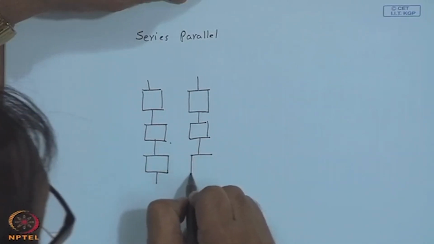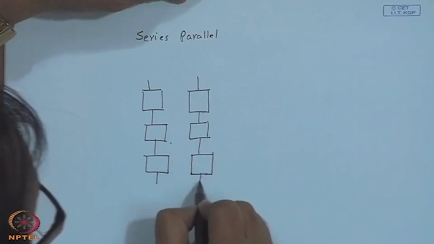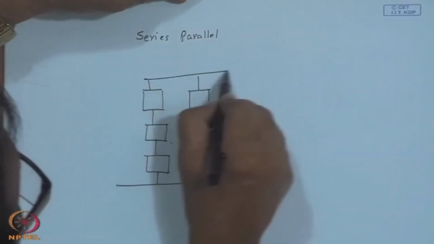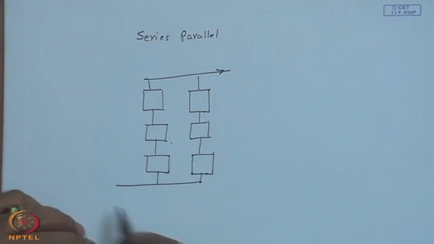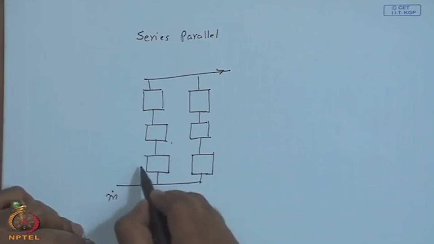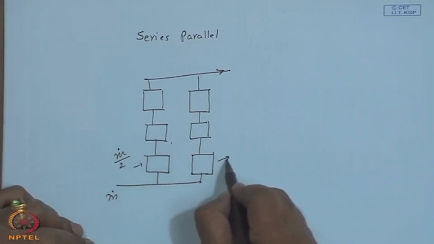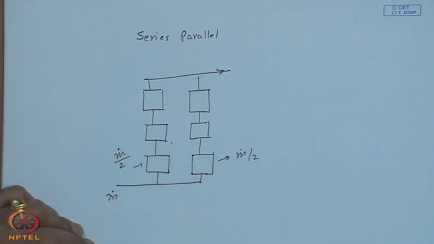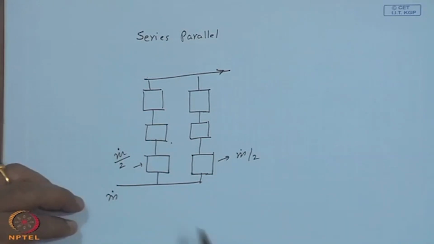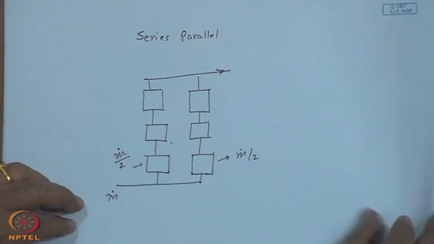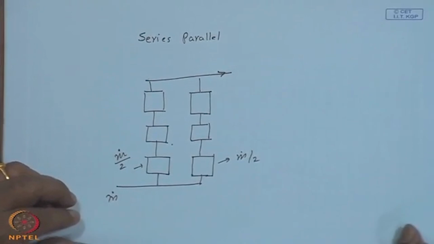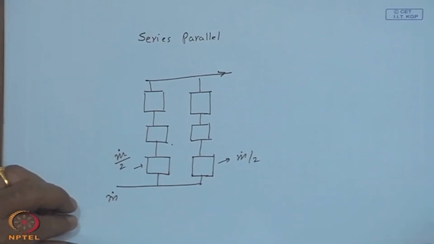That means, my original 6 collectors have been connected like this. So, if this is my m dot, this will have m dot by 2, this will be having m dot by 2 compared to m dot had they been completely in series. You know that the pressure drop is highly nonlinear with the flow rate. So, there will be a significant reduction if you make it a series parallel.